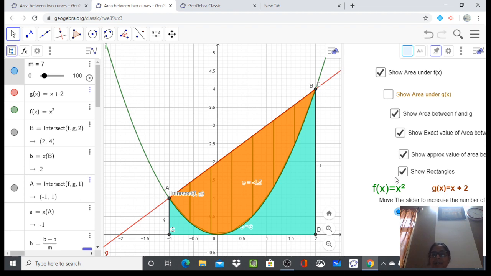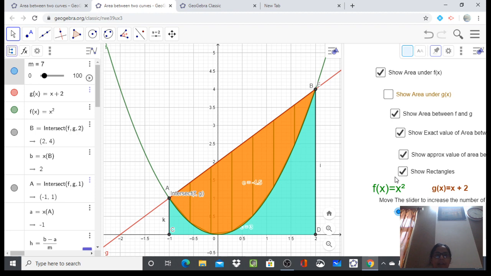One is the exact value using the integral between command, and another is using the sum of the areas of the rectangles. We have created the rectangle using the polygon command with the 4 vertices. We have shown how to take the vertices of these polygons, and this is all.